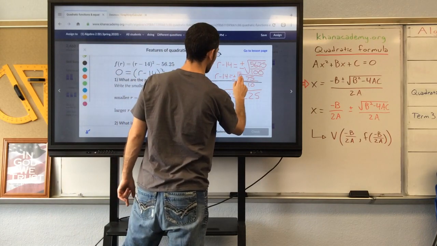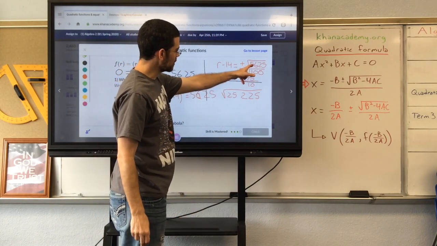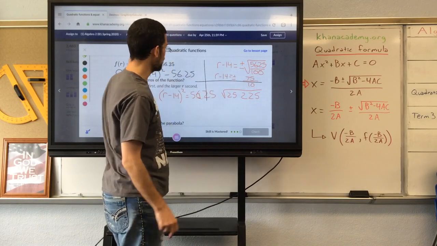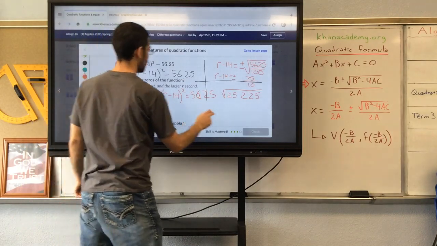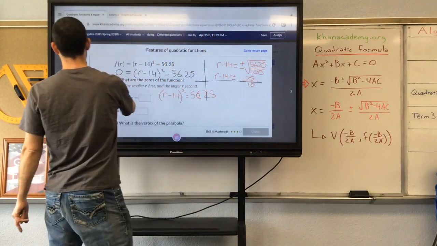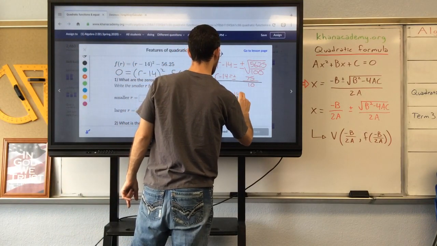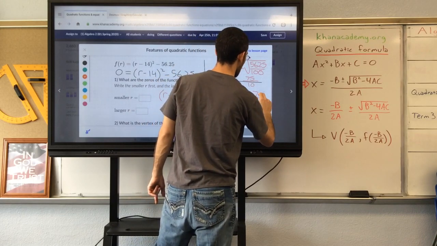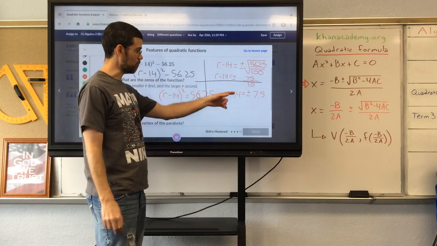Better get rid of my square root because I just took the square root. So the square root of 5,625 is 75, and the square root of 100 is 10, and I can reduce that fraction. I'll just make it a decimal number, 7.5. So 75 divided by 10 is 7.5.